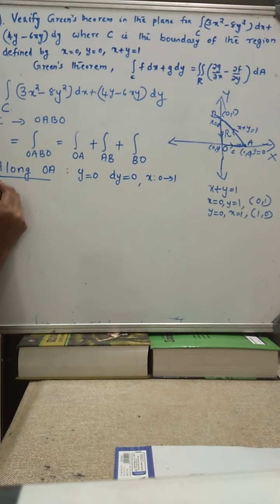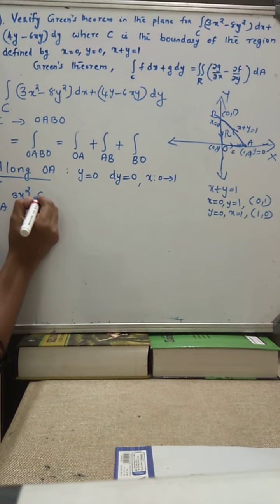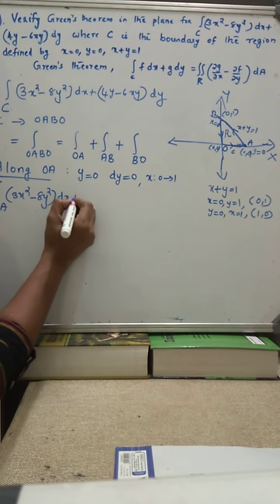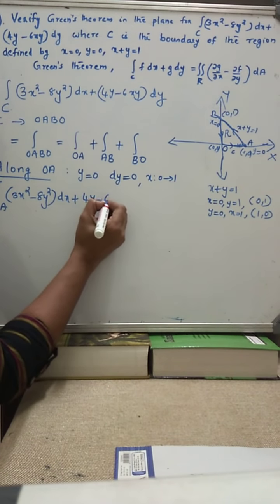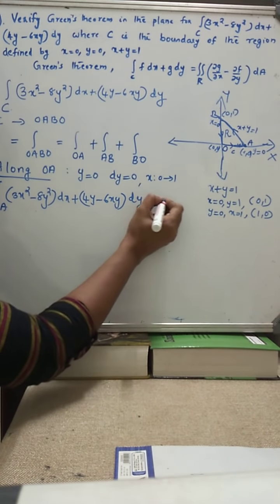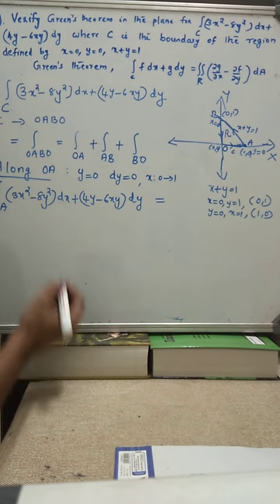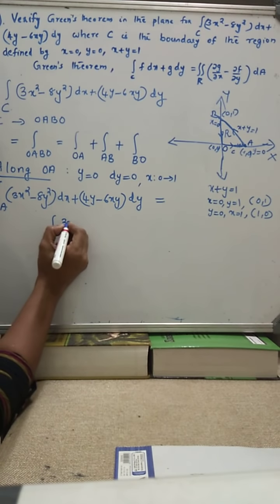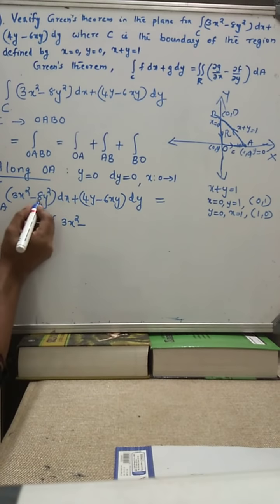Now our integral along OA of f dx plus g dy, that is (3x² − 8y²) dx plus (4y − 6xy) dy, becomes the integral of 3x² − 8y².